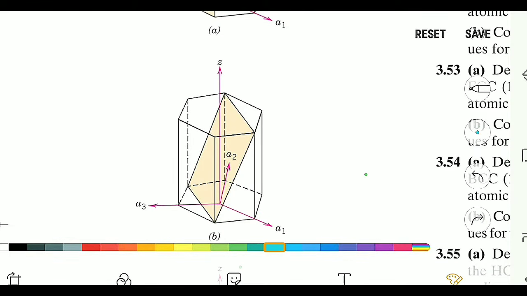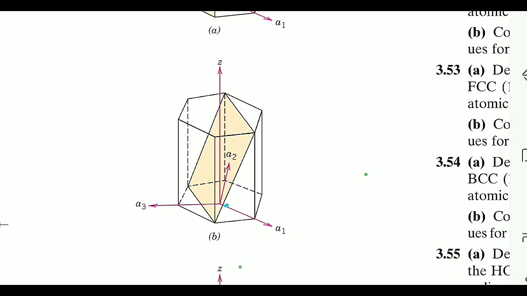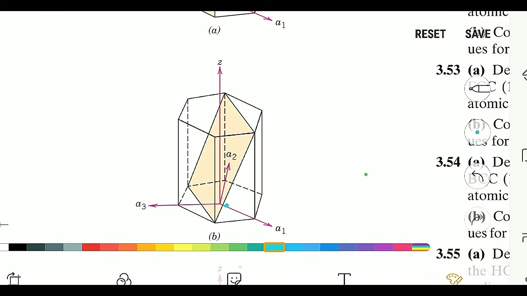Now you can see, for the case of the a1 axis, that it is a 3D diagram. Don't confuse that this plane is intersecting the a1 axis at this point. No, it is not intersecting here. The plane is not there. If you imagine its position, it will be very clear that the positive a1 axis is just beyond this plane.